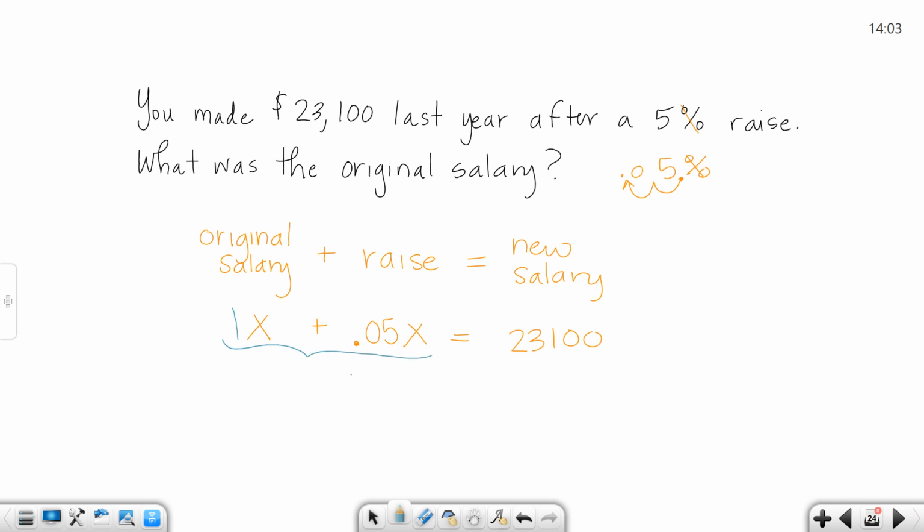And so if you put these two together, you're going to get 1.05x. And then we'll just solve it out. So we'll divide this one by 1.05, and we'll divide this one by 1.05. So x equals something.